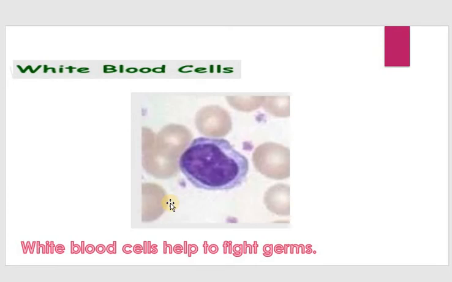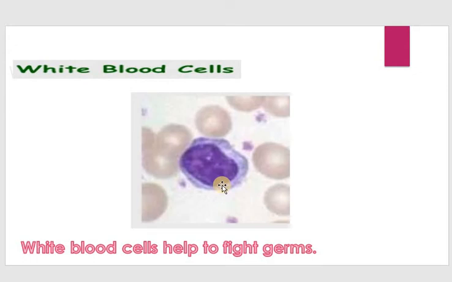Human beings have a defense system in which they fight against diseases. So white blood cells help to fight against disease-causing pathogens or disease-causing bacteria. So this was all about white blood cells.